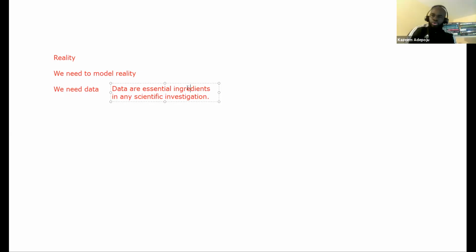We need to go scientific. Any nation that does not pay attention to science, if care is not taken, that nation may cease to exist. Because we need scientific knowledge, we need statistical knowledge to be able to understand the situation around us.